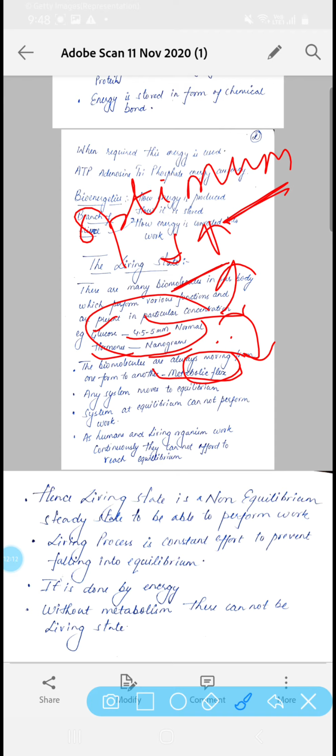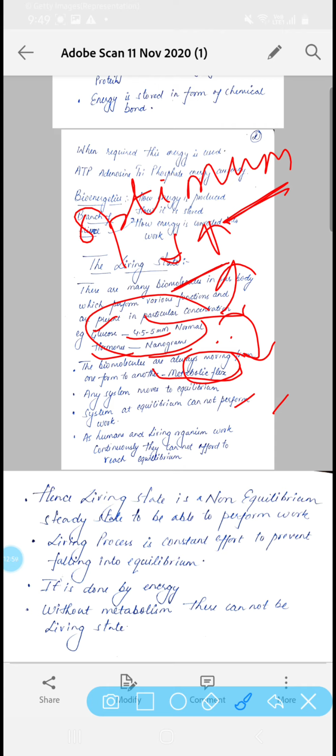Okay, now any physical system, any chemical process, will always try to move spontaneously to equilibrium. Any system will always want to bring itself to equilibrium. So a system at equilibrium cannot perform work. We all know, you must have studied in physics too, that any system that comes to equilibrium, we can never say that system is performing some kind of work. Okay, so as living organisms have to work continuously, they cannot reach the equilibrium.